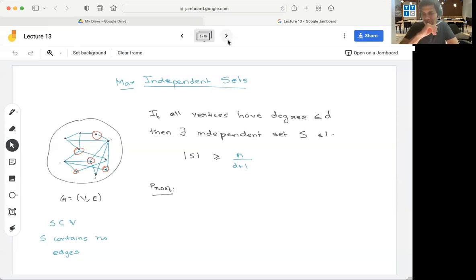Let me try to pick one of the others. So we had this algorithm that picks a vertex, rules it out, rules out its neighbors, and then repeats.